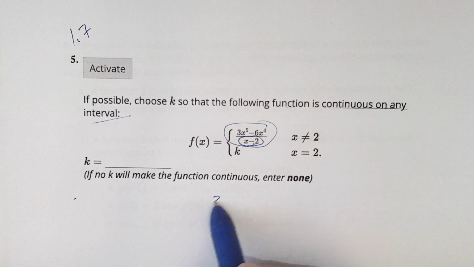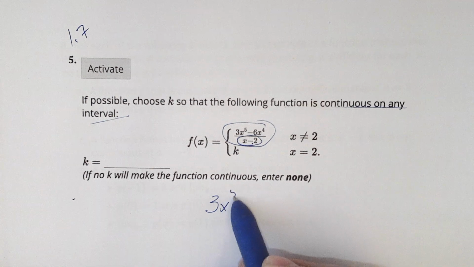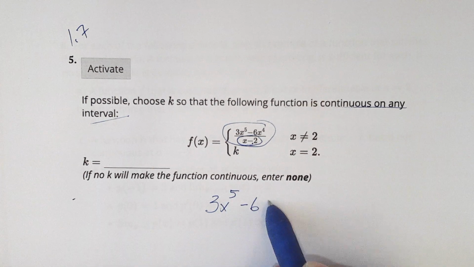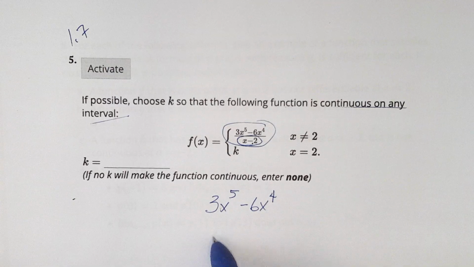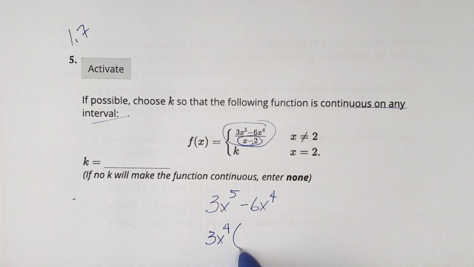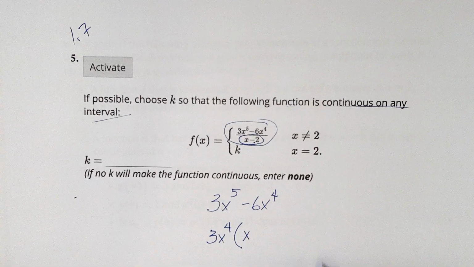So I got 3x to the 5th minus 6x to the 4th. There's a 3 in both of them, and there's an x to the 4th in both of them. And when I pull that out, 3x to the 4th times x would be 3x to the 5th.